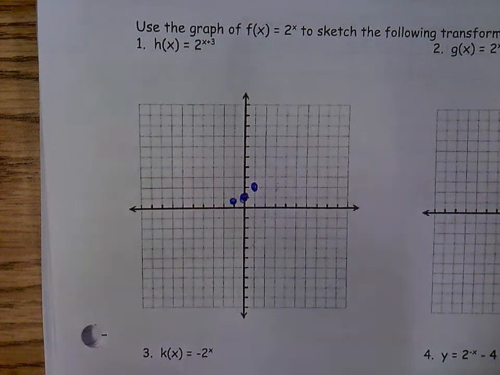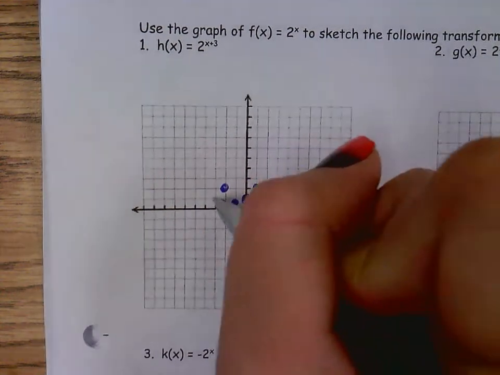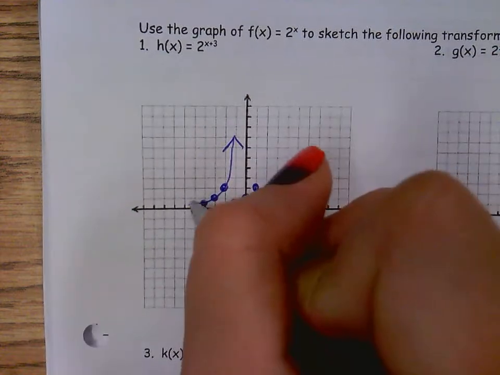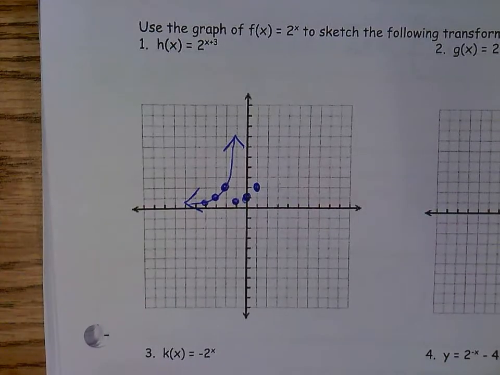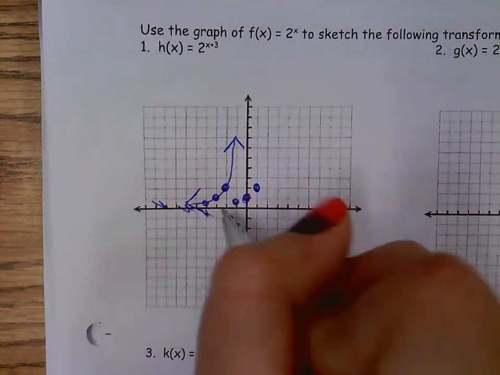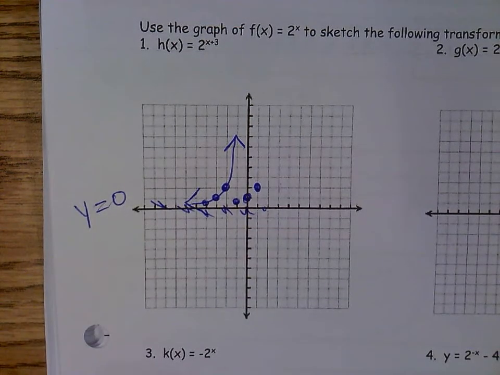So I'm just going to go 1, 2, 3 to the left, 1, 2, 3 to the left, 1, 2, 3 to the left. So I've shifted left 3. The only thing I need to include is my dotted asymptote, which would still be at y = 0. So that would be the type of graph that you might need to do on a quiz.